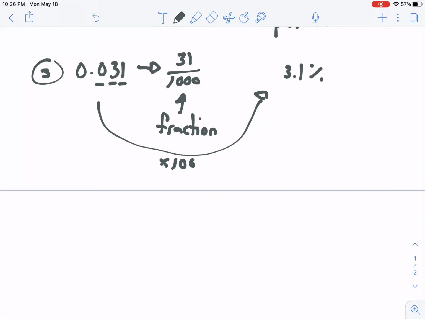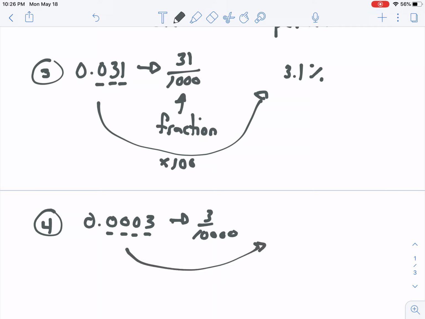So if I had a decimal, and I'll just show you quickly, if I had a decimal 0.0003, well, again, we can move that into a fraction really easy. 1, 2, 3, 4, tenths, hundredths, thousandths, 10,000ths. So it's 3 over 10,000. Or, again, moving into a percent, I'm going to take my decimal and I'm going to times it by 100.